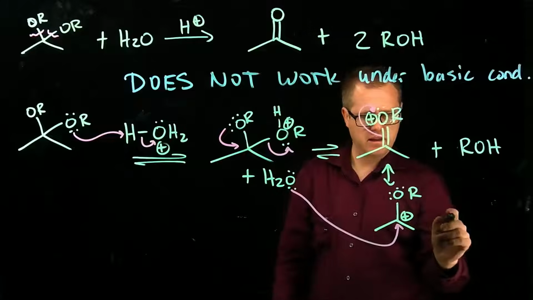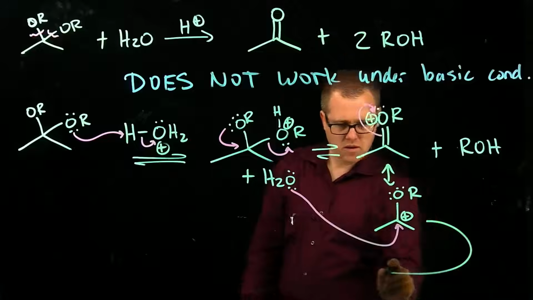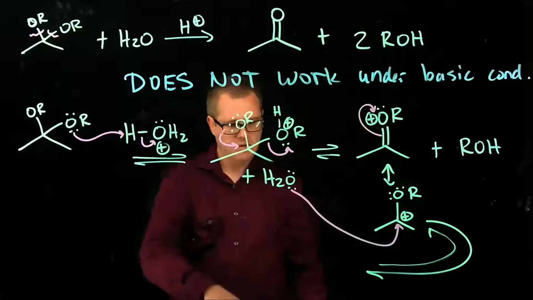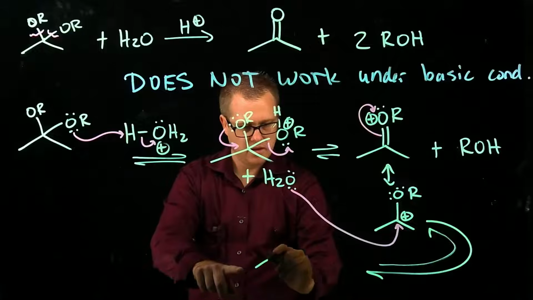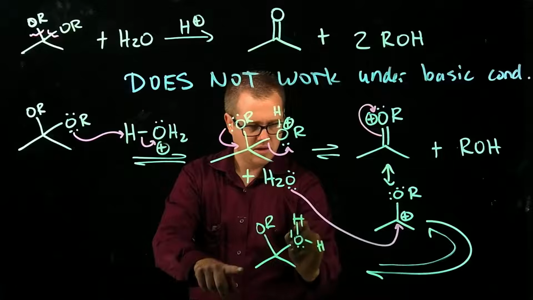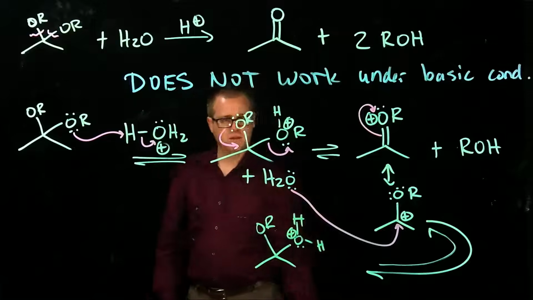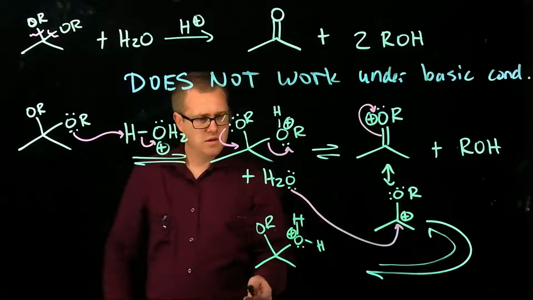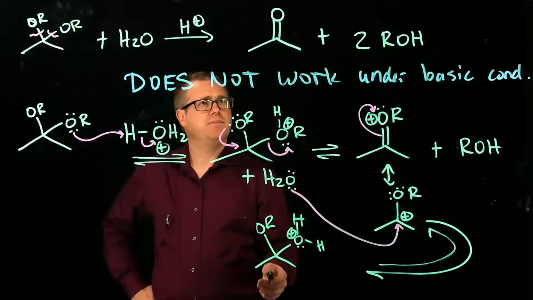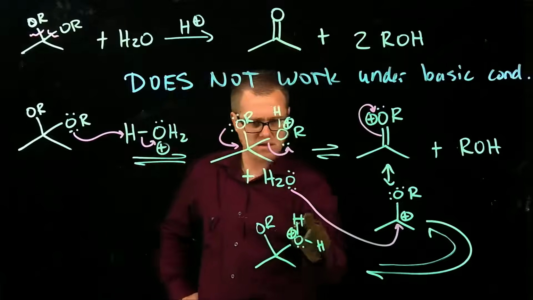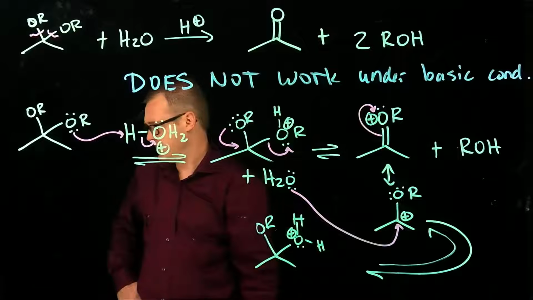And that is reversible. So that's going to give us what? OR, OH, H, positively charged. There's no oxygen hydrogens with hydrogen, so we also have to get rid of these hydrogens eventually as well.